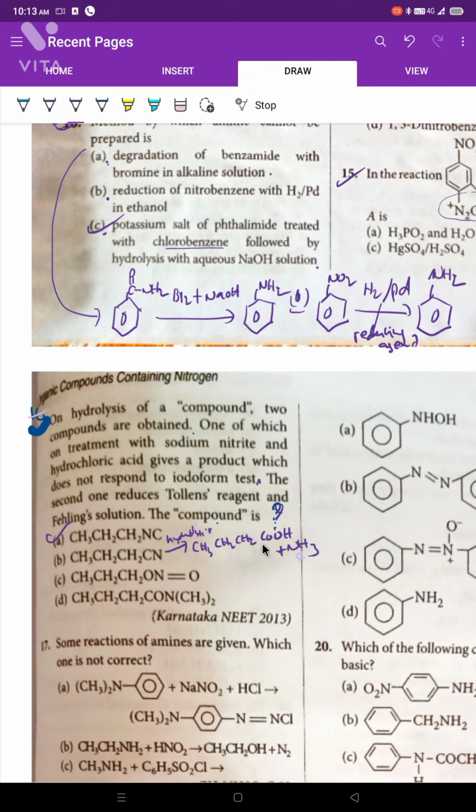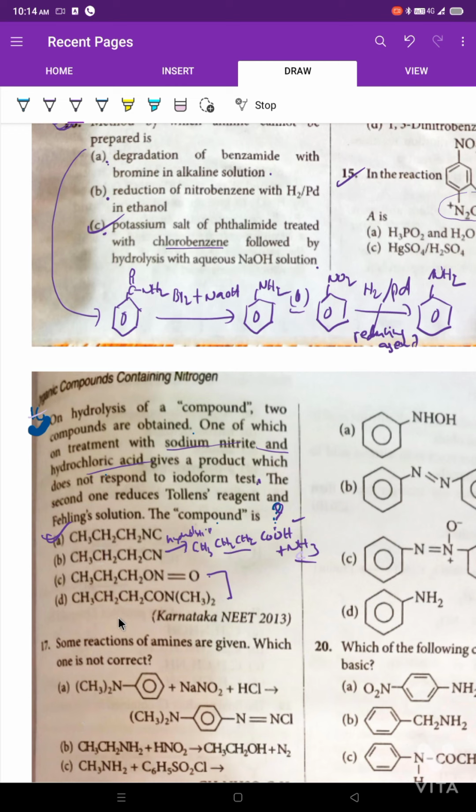So you may not expect anything. This does not react with sodium nitrite and hydrochloric acid, so the concept is wrong for this one, and it does not react with Tollens and Fehling. These two have no meaning for these tests. So the correct one is the first.